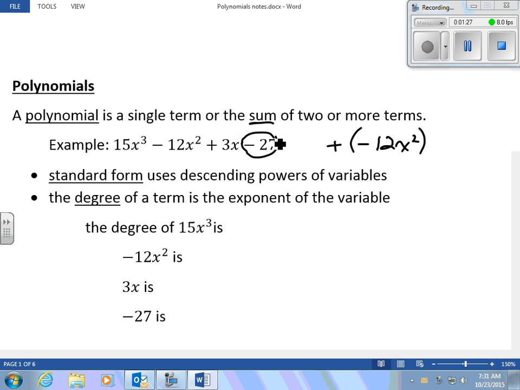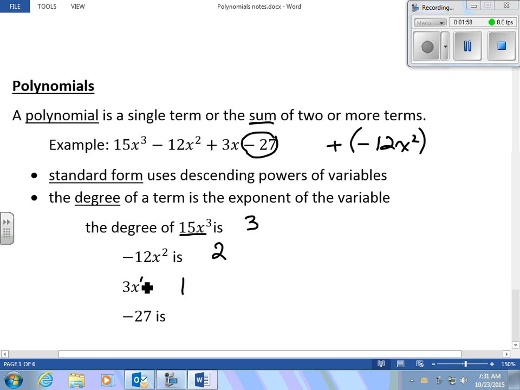So the degree of a term is the exponent of its variable. If we're looking at just the terms, I've got 15x cubed, one of the four terms in this example. Its degree is 3 because x to the power of 3, the 3 is the exponent on the variable. So negative 12x squared has degree 2. 3x has degree 1 because you can think of that as x to the power of 1.